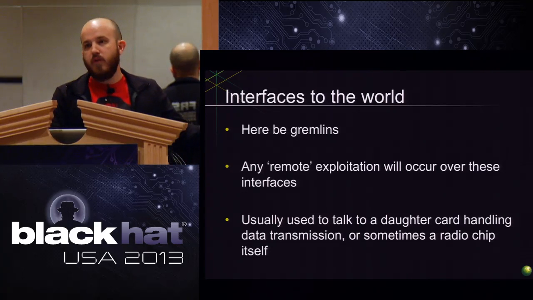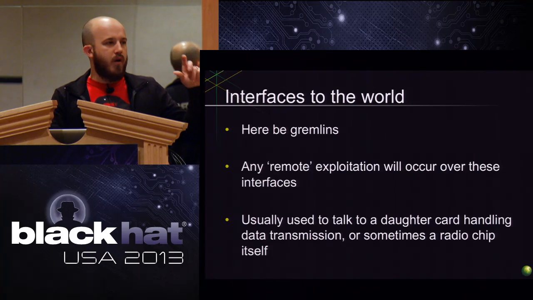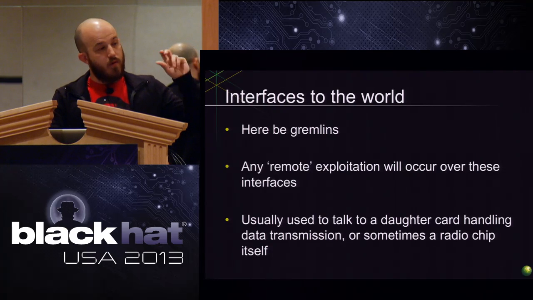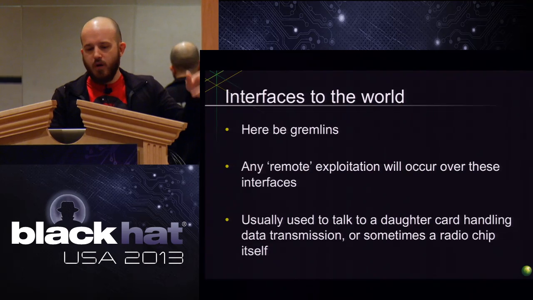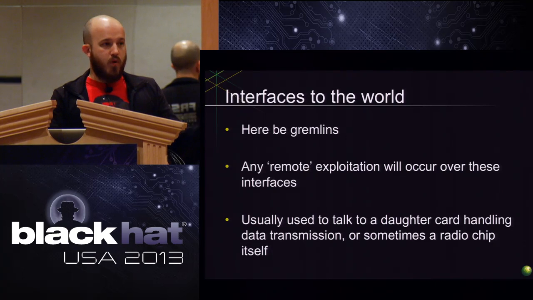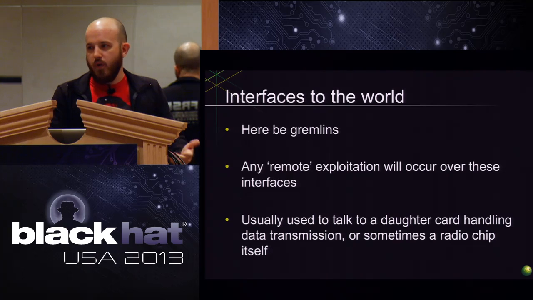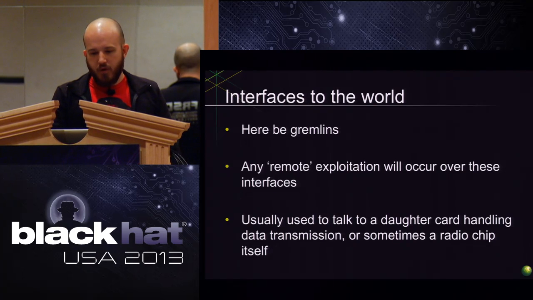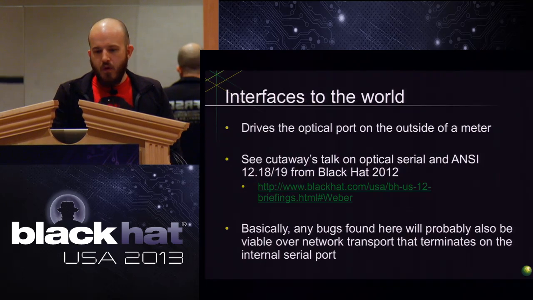Cutaway talked about finding bugs at least over that optical port, on that side. There's another serial port on the other side of this that then talks to the world, and whatever is handling that, that's where your problems are going to be. Any bugs found on that side will likely be found on the inside, because of the way the standards work.